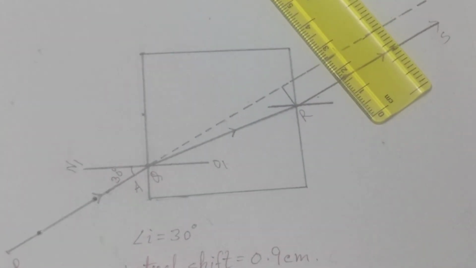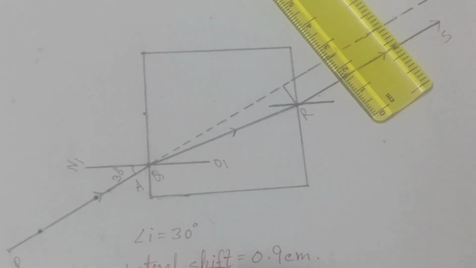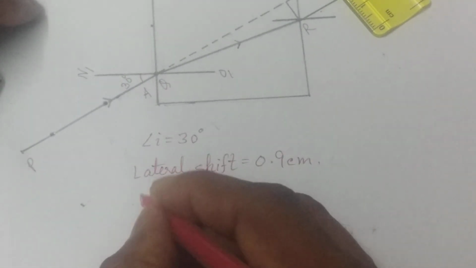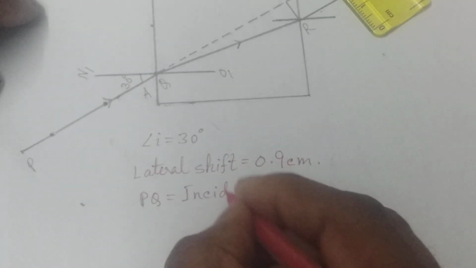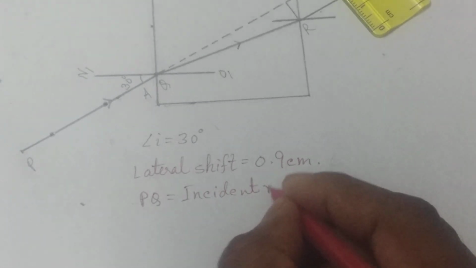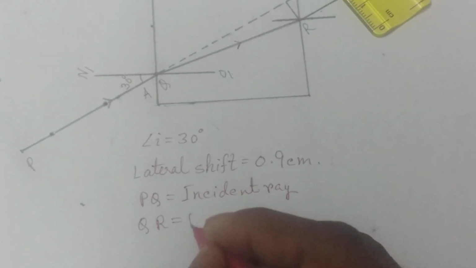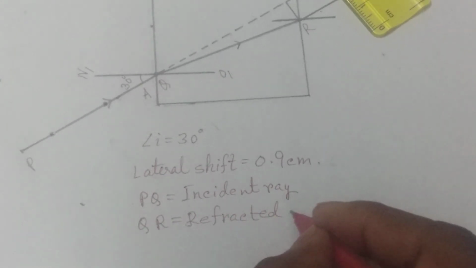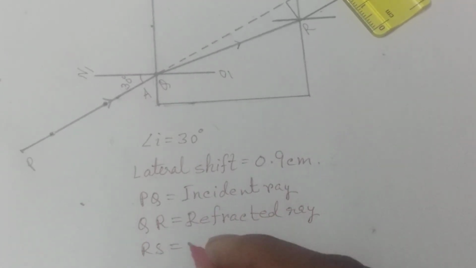Here you see that PQ is the incident ray, QR is the refracted ray, and RS is the emergent ray.